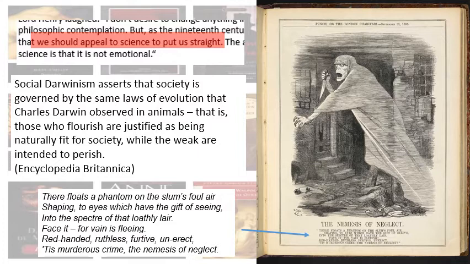So there was concern within some of the upper classes that their actions, or their lack of action in helping those who were less fortunate, led to people like Jack the Ripper. But maybe this is not an opinion shared by Lord Henry. He might say that science has made it this way. We should appeal to science to put us straight. That if this is what's happening to the lower classes, then perhaps that is right. That is what is intended to be. Very interesting points on Lord Henry's perspectives on the world there.